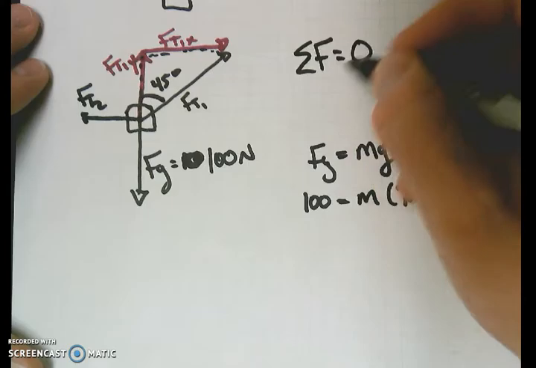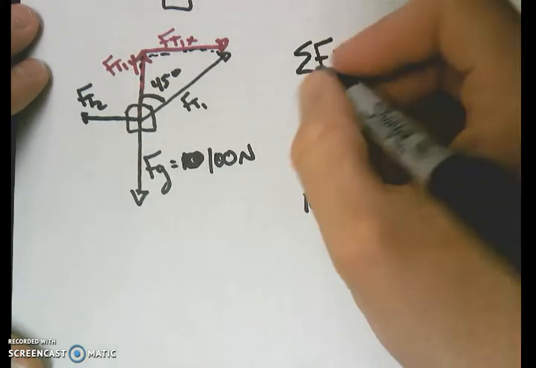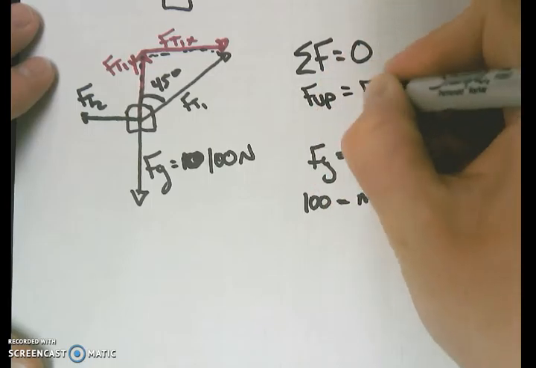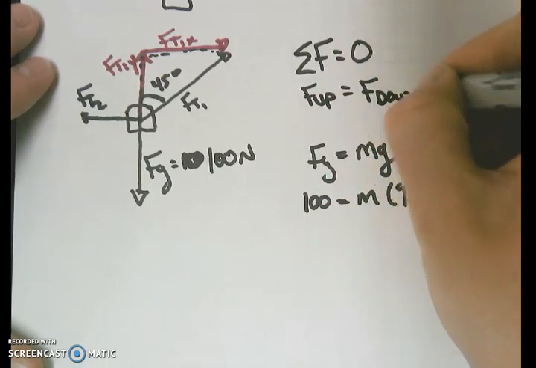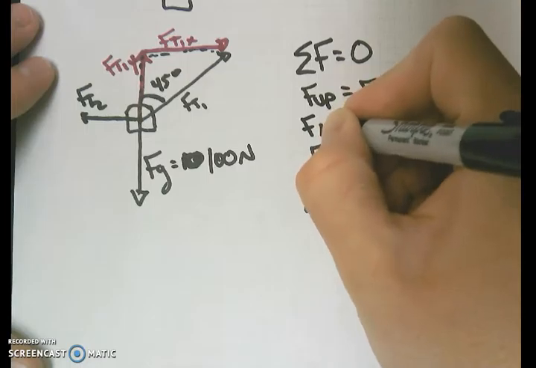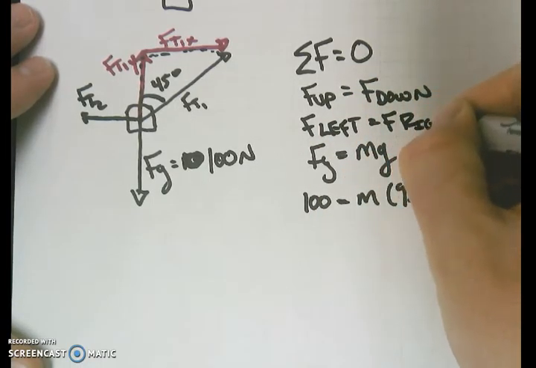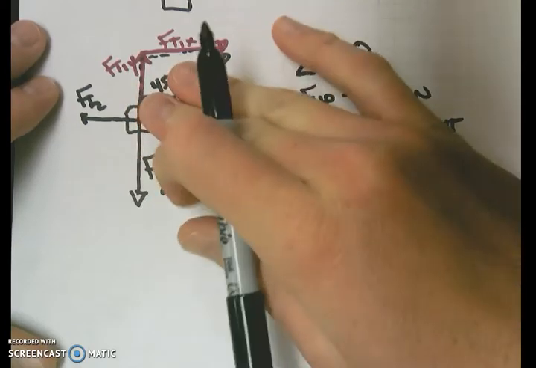Now, a lot of kids don't use this notation, so instead I like to talk about the forces up being equal to the forces down, and the forces left being equal to the forces right. And so if I break this down into x and y components, we can pretend as though it's not there.